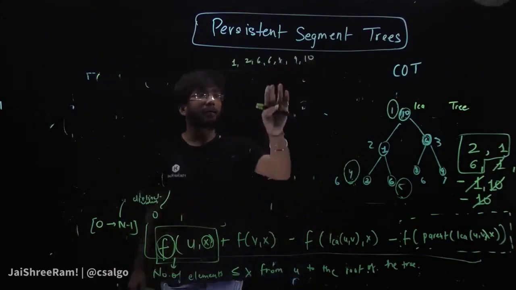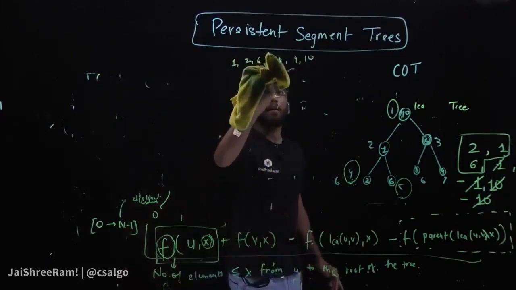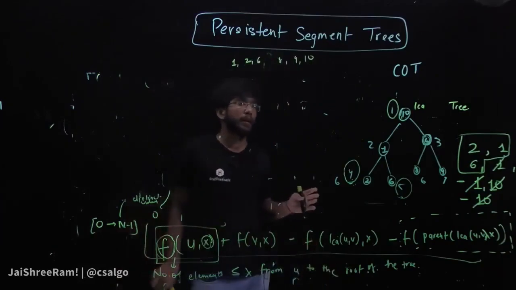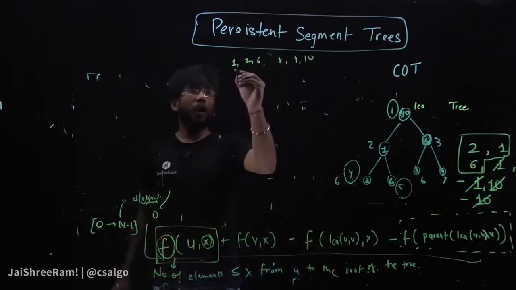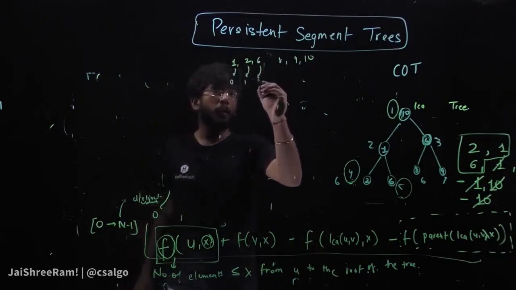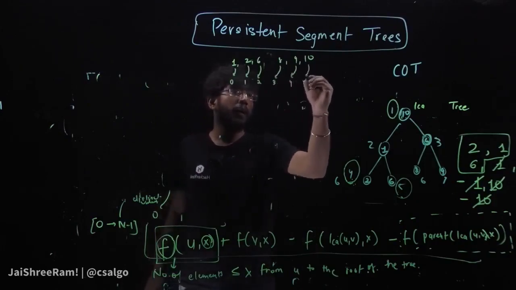Since I'm considering the distinct values, I can remove this. And I can actually perform a coordinate compression over here. So 1 would map to 0, 2 would map to 1, 6 would map to 2, 8 to 3, 9 to 4, and 10 to 5.